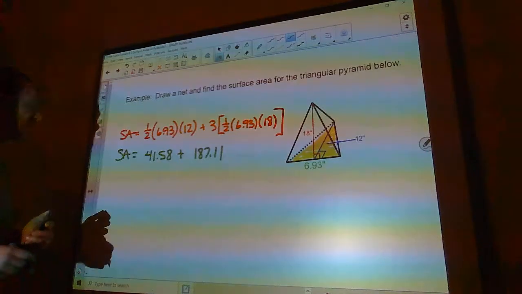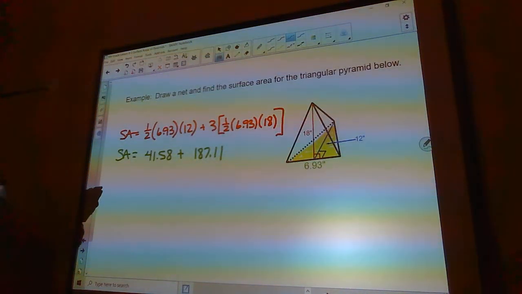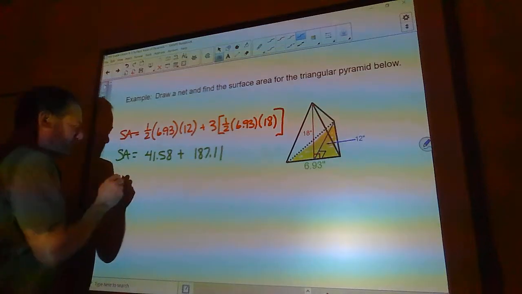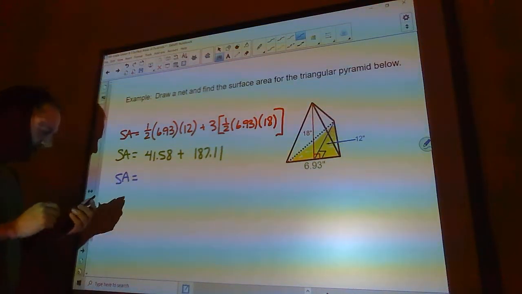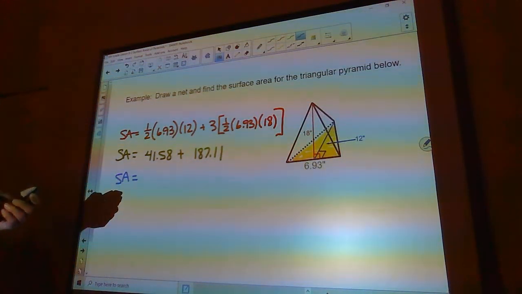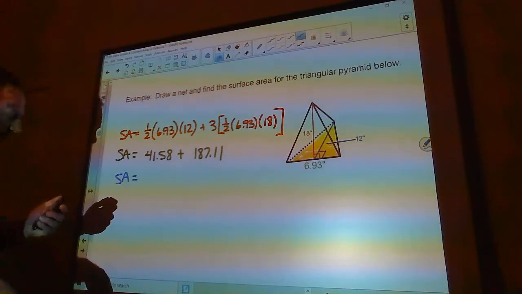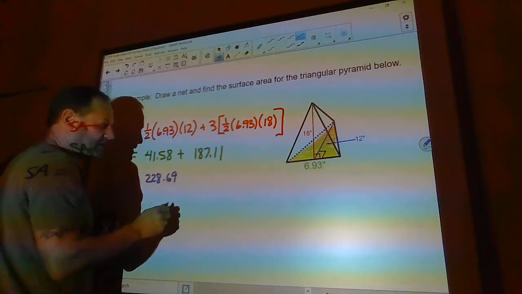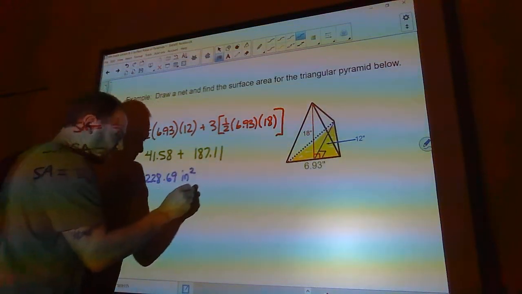I want to double check that. That seems awfully light to me. 12 times 6.93 times 0.5. Yep, okay. So now we just have to add those together. 41.58 plus 187.11 is 228.69 square inches.